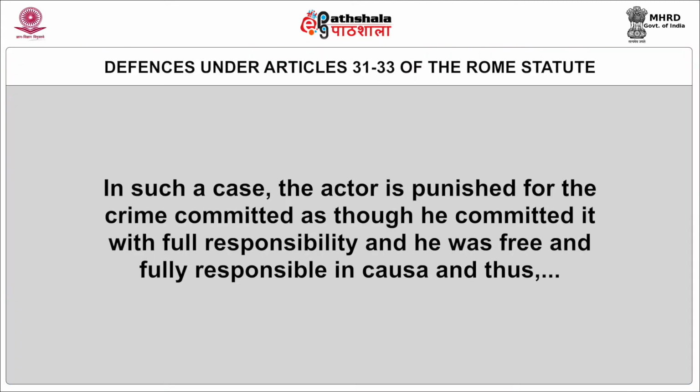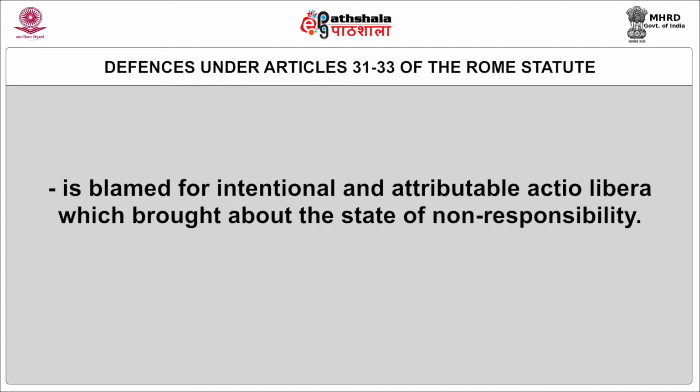In such a case, the actor is punished for the crime as though he committed it with full responsibility, and as if he was free and fully responsible in causa, and thus may be blamed for intentional and attributable actio libera, which brought about the state of non-responsibility.